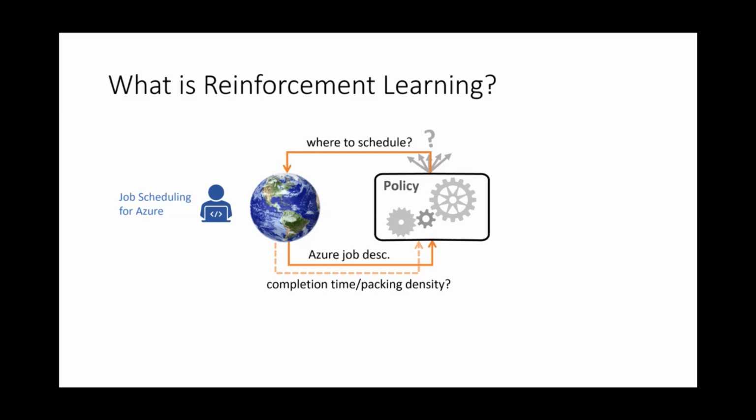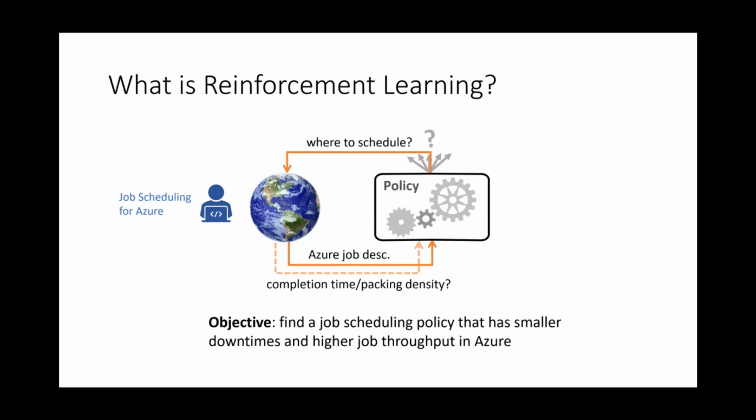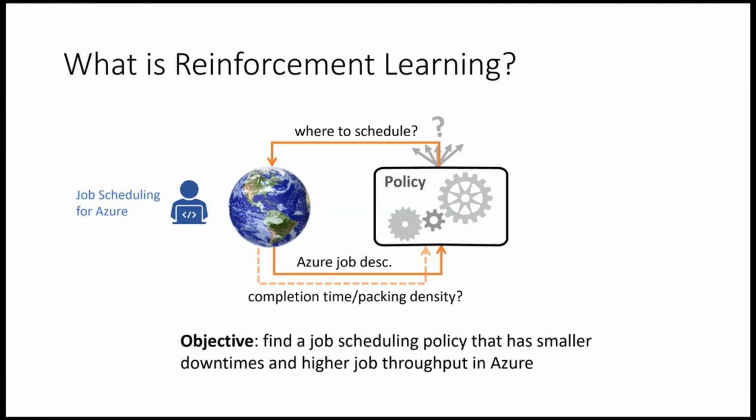We want jobs to finish fast, so it might be completion time. It might be cluster-wide utilization in terms of some appropriate metrics like packing density and so on. And we want to really optimize the overall health of the cluster over a longer time period. So the goal is to find a job scheduling policy that over time leads to smaller downtimes, better throughput, and other performance indicators generally being improved.